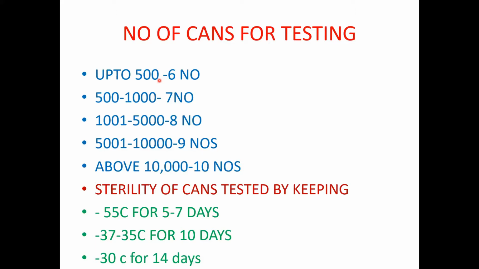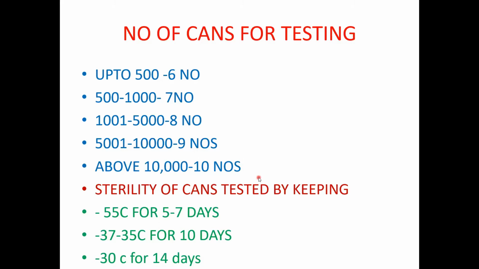Up to 500 cans, they will take 6 randomly. For 500 to 1000, 7; 1001 to 5000, 8; 5000 to 10,000, 9; above 10,000, they will take 10 cans, and they will do the sterility test.